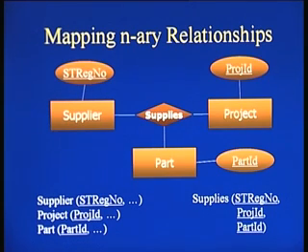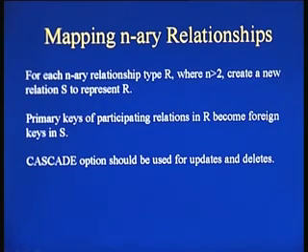So the simple way of translating this is to use a separate relation called supplies as the base, and of course separate relations each for supplier, project and part with their corresponding primary keys, and the supplies relation has the primary keys of each of these relations as foreign keys.